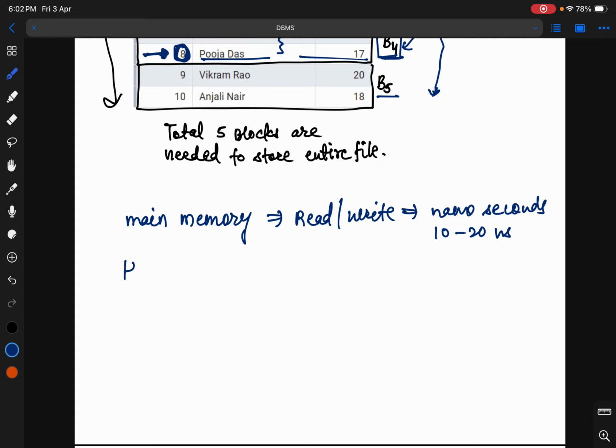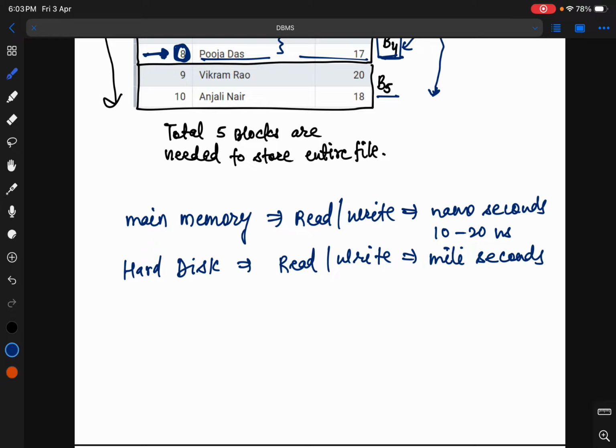But the hard disk or secondary storage is so slow that all the read or write operations take milliseconds, like 10-20 milliseconds, which is around thousands of times slower compared to main memory.